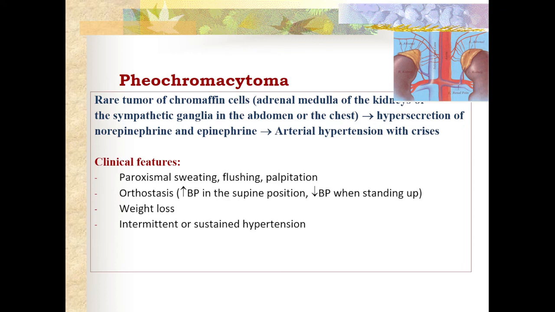Clinical features in pheochromocytoma are paroxysmal sweating, flushing, palpitation, increased blood pressure in supine position and decreased blood pressure when standing up, loss of weight, activation of sympathoadrenal system can cause arterial hypertension.